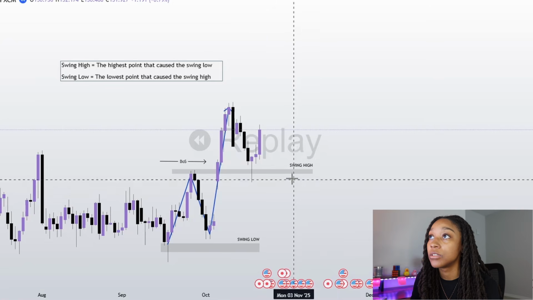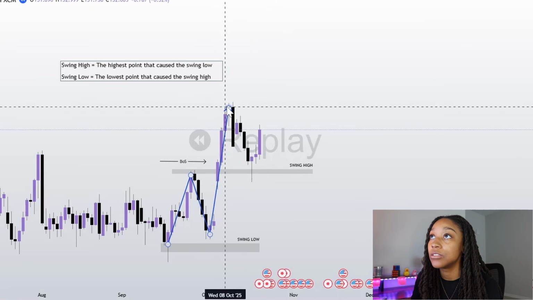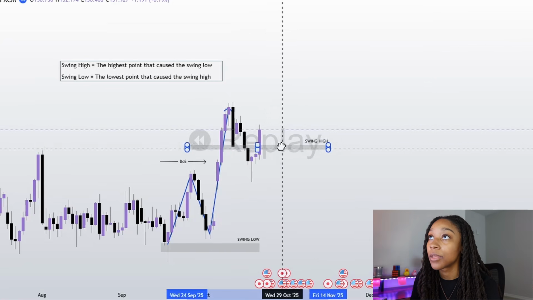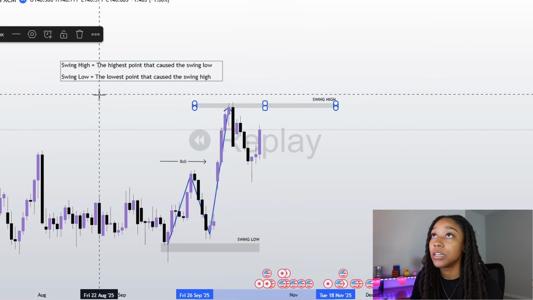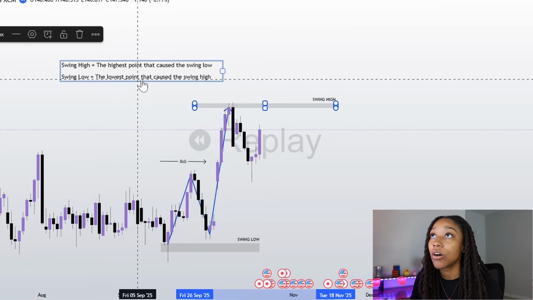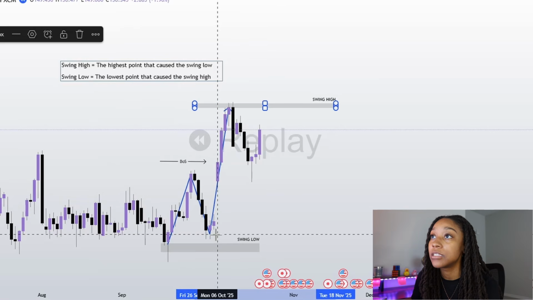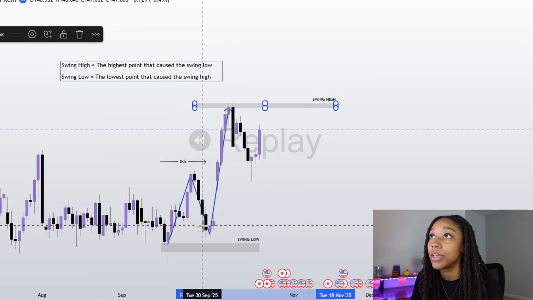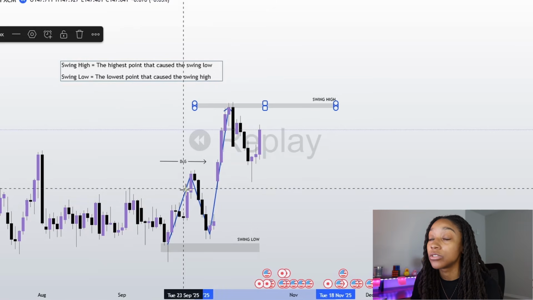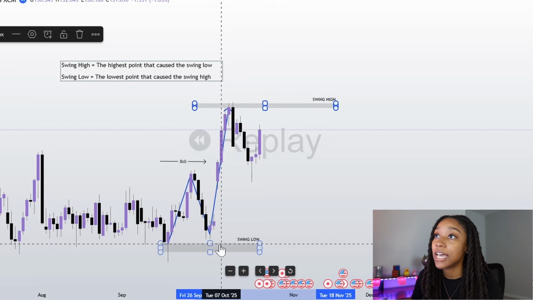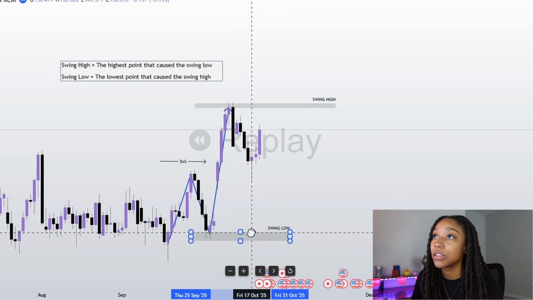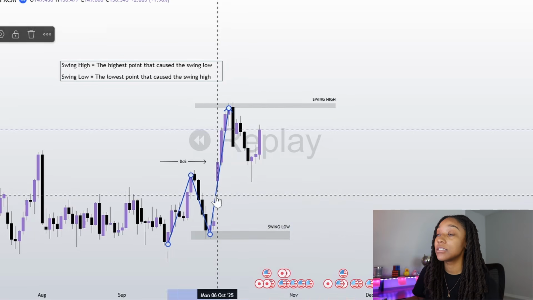Okay, so since we broke structure, we know that this new high point is our swing high. By definition, a swing low is the lowest point that causes the swing high. So let's look back. So right here, price came down, and this was the lowest point price went before breaking structure. So since this was the lowest point, this has to be our new swing low. Okay, cool.